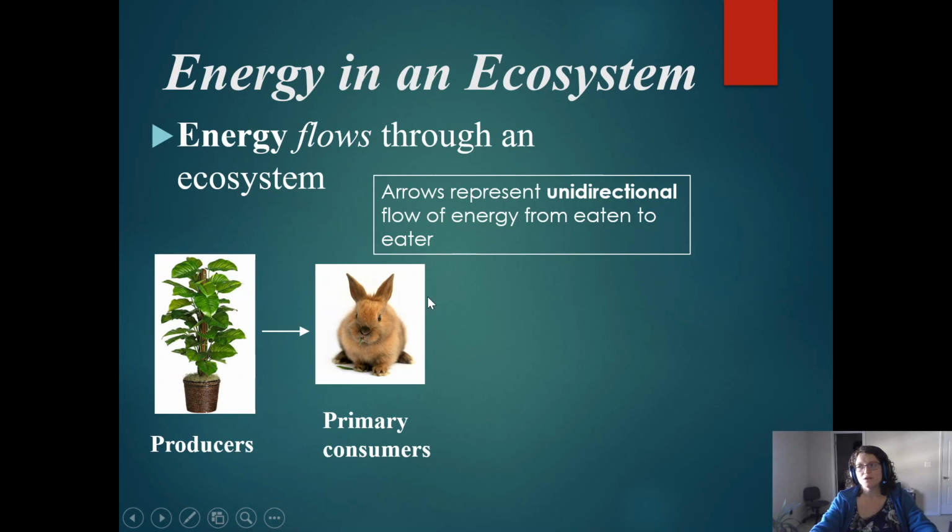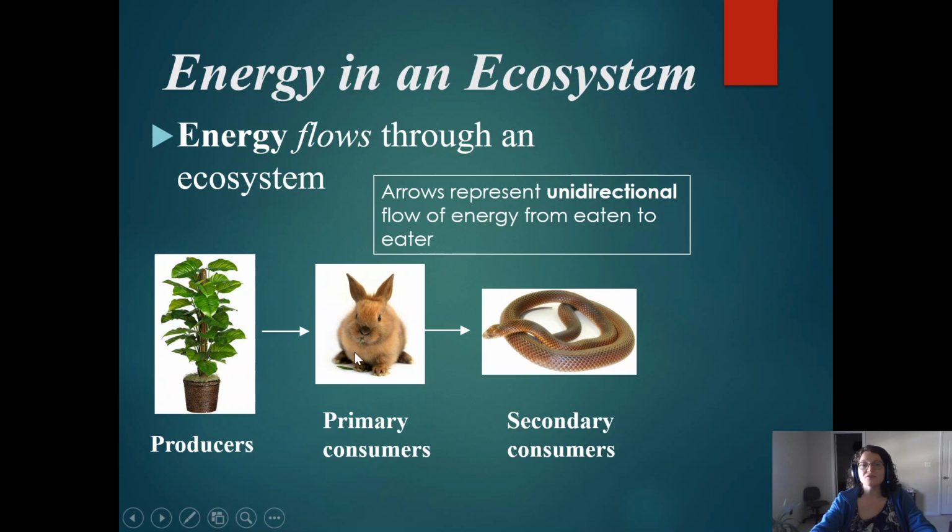Okay? You're never going to have an arrow pointing from the rabbit to the producer, because the rabbit itself is not giving anything to the producer. It's only taking. It's literally taking the chemical energy that was originally in the sun and converting it into its own energy. That conversion is obviously costly. We are exuding a lot of heat as we burn these calories, and that energy is lost.